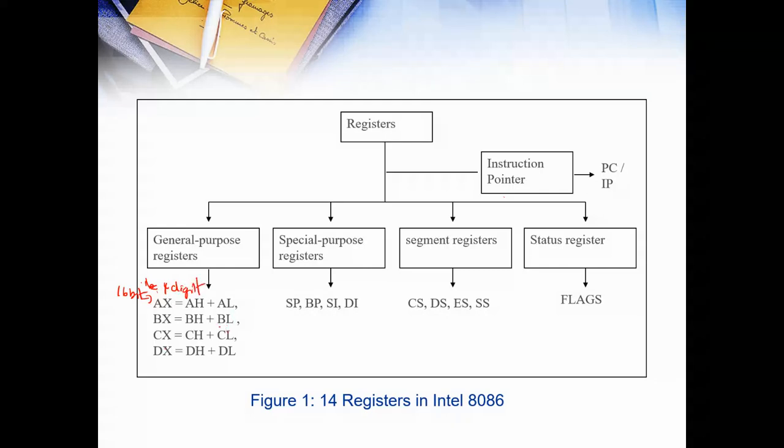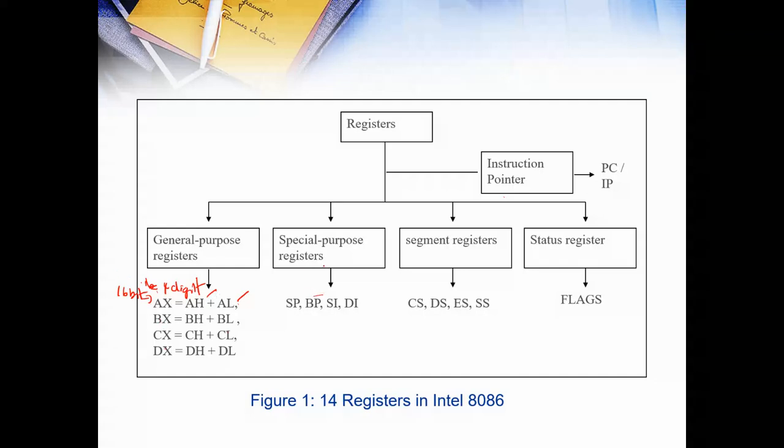For the 8-bit mode, it is divided into two, the low byte and the high byte. Normally the low byte is the 2 digits on your right side, and the high byte is the 2 digits on your left side. That is the general purpose register. Later on, in assembly language, you will learn more detail about these types of registers.